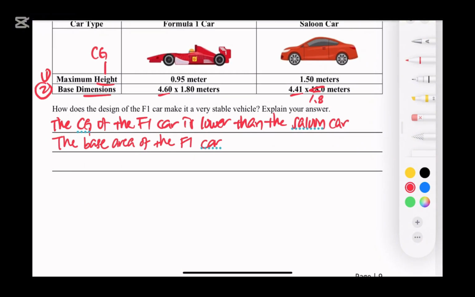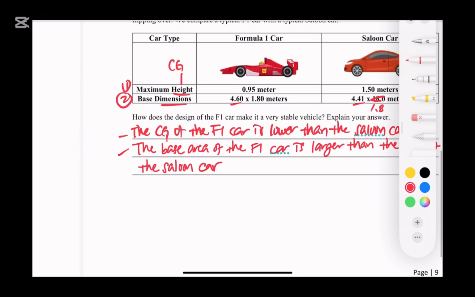So the base area of the F1 car is larger than the base of the salon car. So here we have two factors making the F1 car more stable than the salon car itself. Okay, so 2 pointers here.